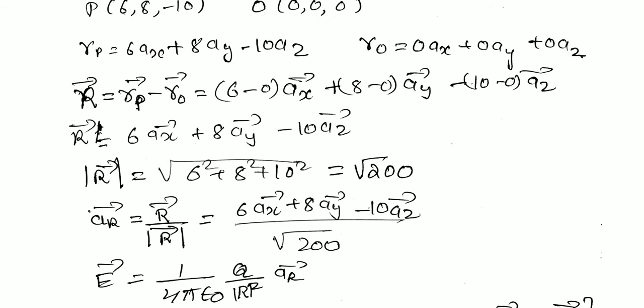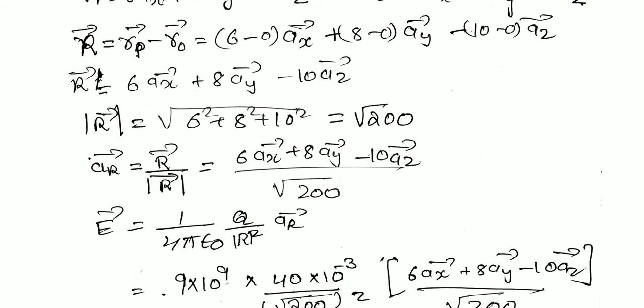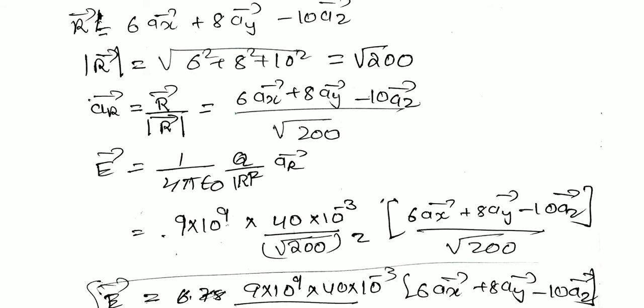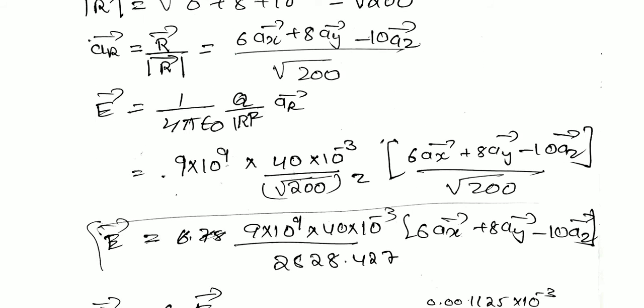The magnitude of the distance vector is given by square root of x square plus y square plus z square, so 6 square plus 8 square plus 10 square, which is equal to square root of 200. The unit vector ar is given by the r vector divided by the magnitude of the r vector, that is 6ax plus 8ay minus 10az divided by square root of 200.